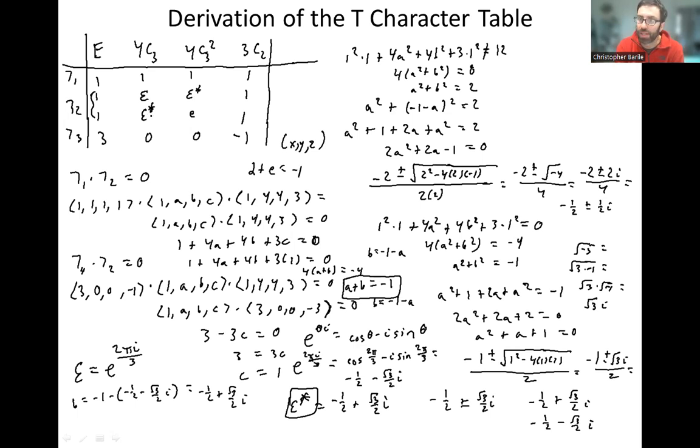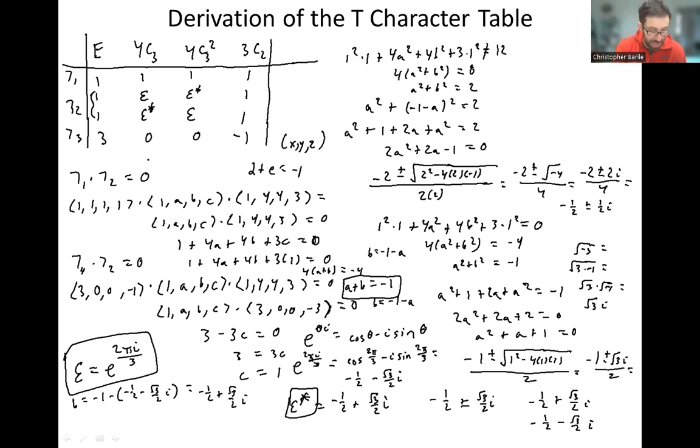So here we have epsilon complex conjugate, so our unknown is going to be epsilon. And again, all this is with the definition of epsilon being equal to e to the 2 pi i over 3, or you can write that as negative 1/2 minus root 3 over 2i. And that is the derivation of all the characters in the T character table.